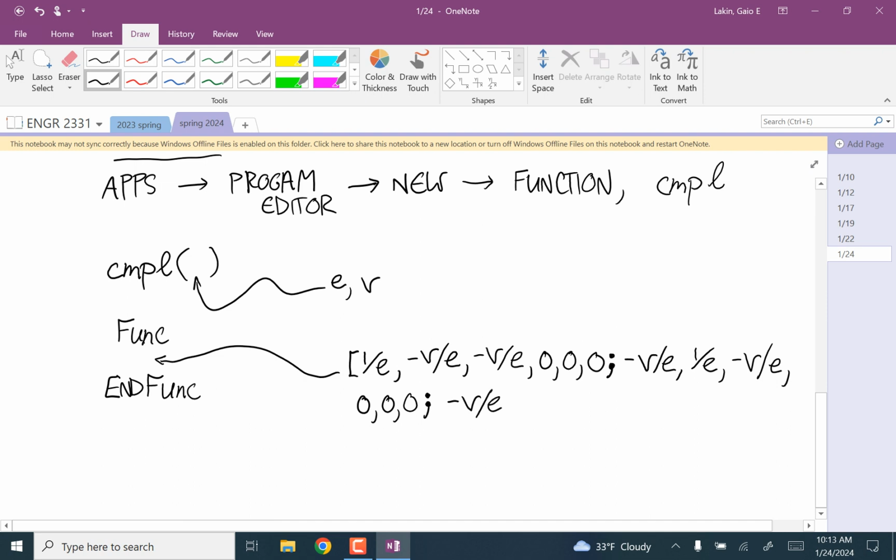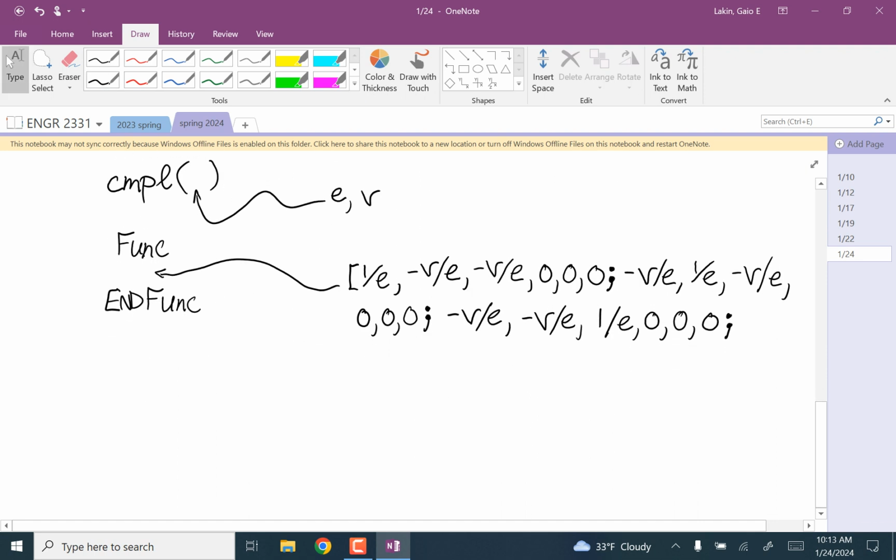And then negative V over E, comma, negative V over E, comma, 1 over E, comma, 0, comma, 0, comma, 0, semicolon. And then, so that's the first 3 rows. And remember, don't ever hit enter, just keep letting it end rows where it runs out of space.